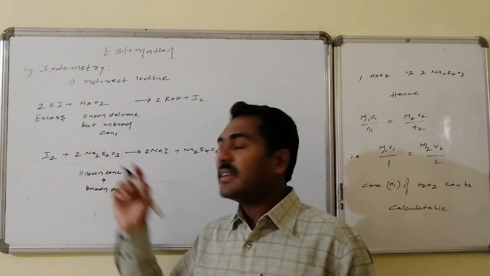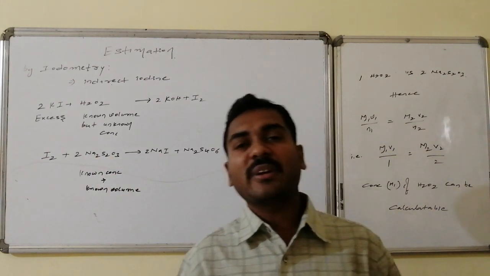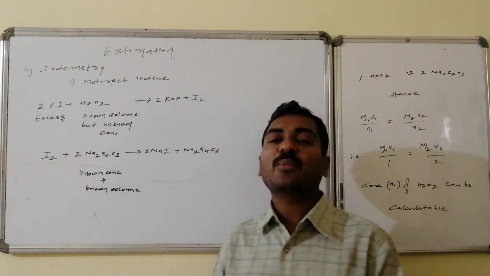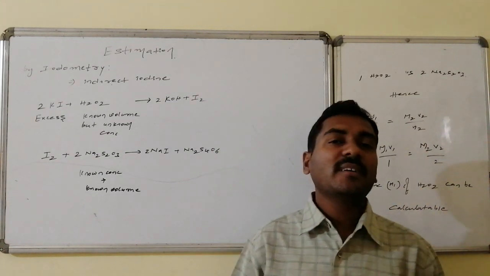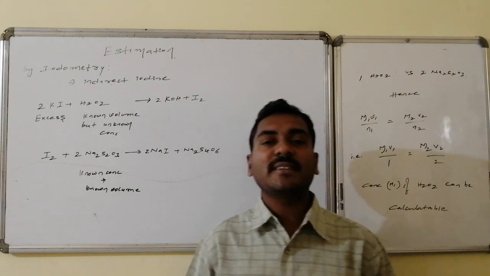Here the sodium thiosulfate undergoes oxidation with respect to the liberated iodine, and that leads to the formation of sodium iodide followed by sodium tetrathionate. In that, starch is used as indicator.